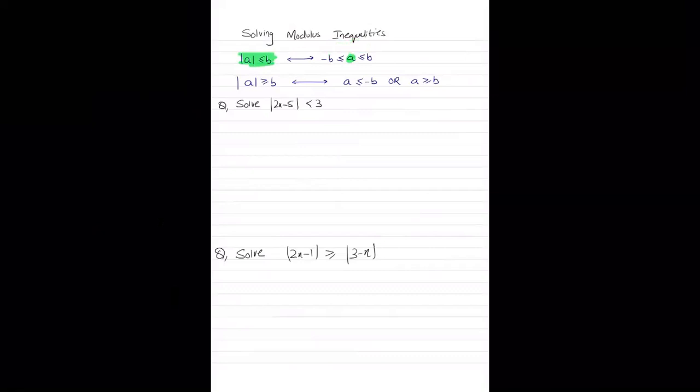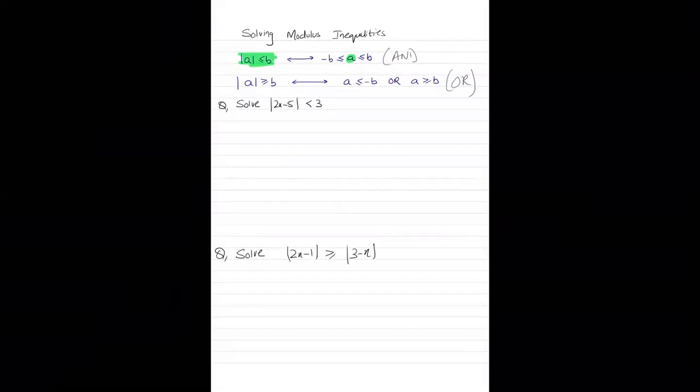That is, a is greater than equal to negative b and less than equal to positive b. And if you have been given the inequality mod of a is greater than equal to b, then you are going to say that a is less than equal to negative b or a is greater than equal to b. So I commonly call this an and condition and this an or condition.